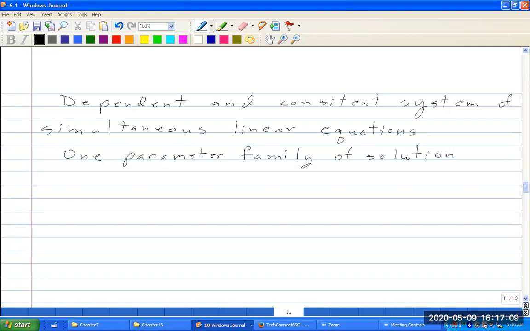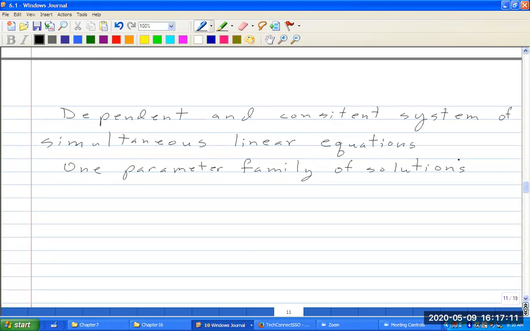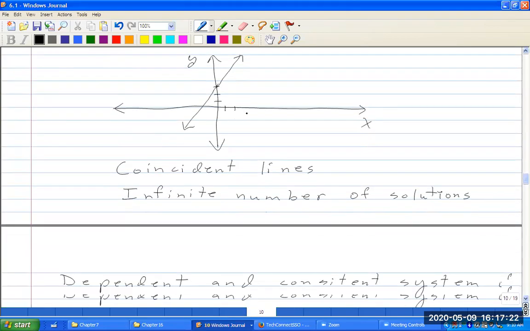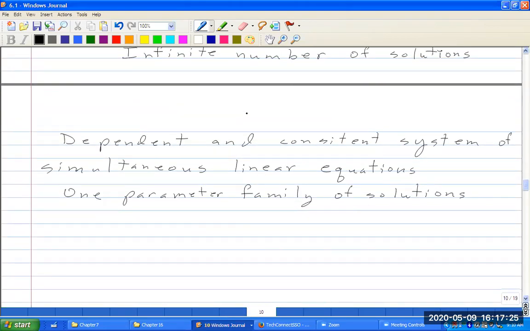And let's write them out. I can just let a parameter be the x, and then my y has to look like 2x plus 3. Or I can call it some other parameter. Let's call it, say, alpha.